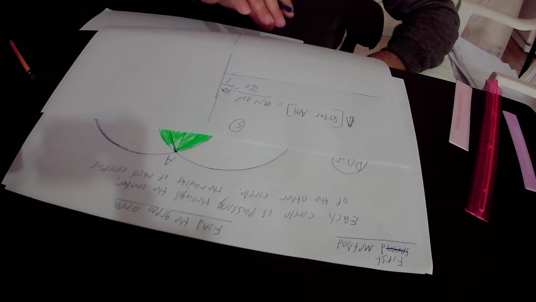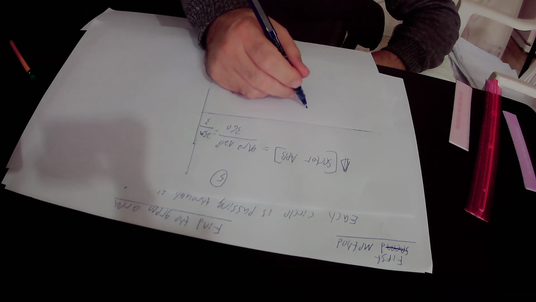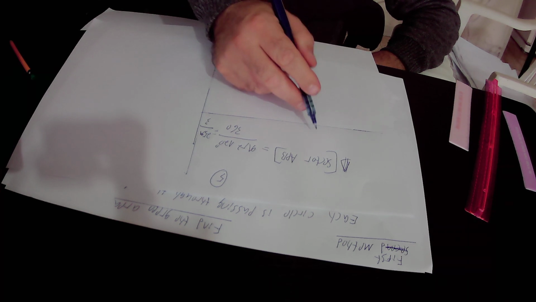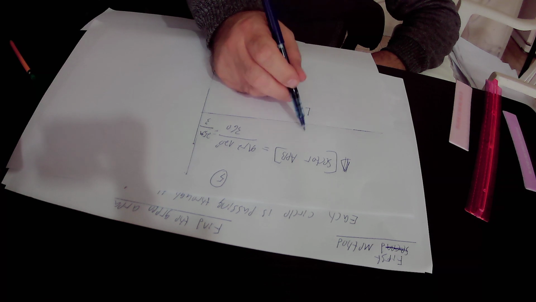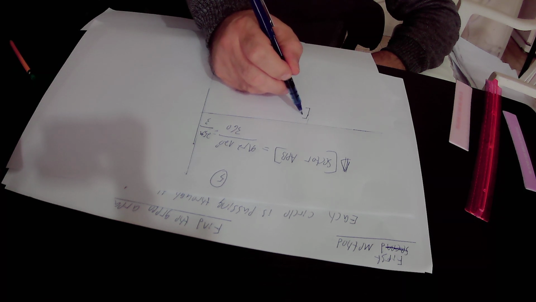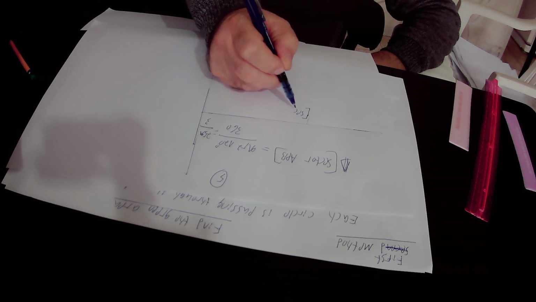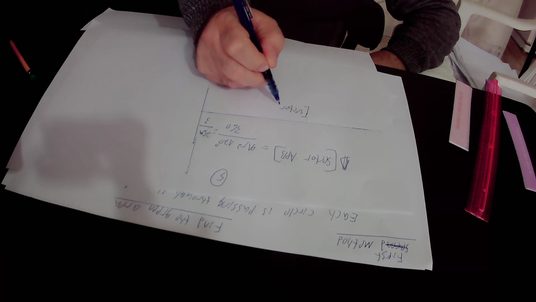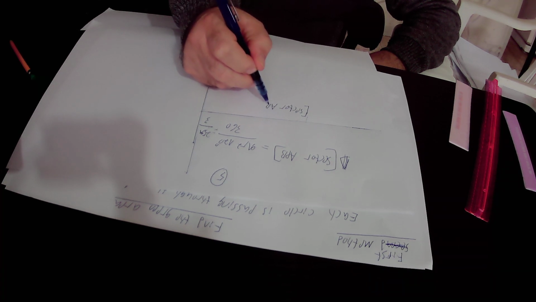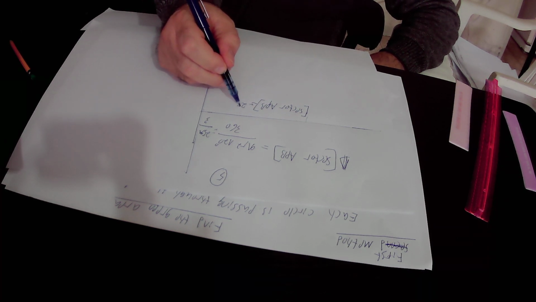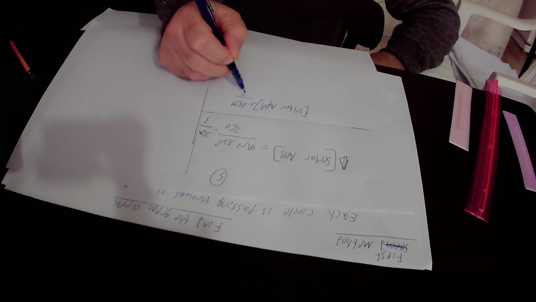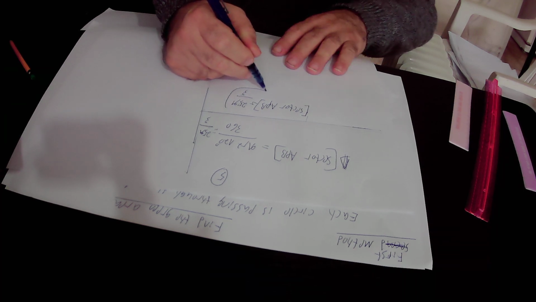So we found out that the area of sector APB, the square brackets here being the sign for the area, is equal to 25 pi over 3 square units.